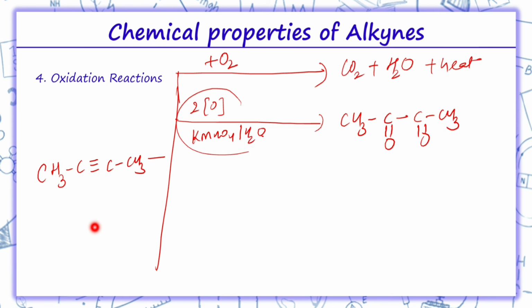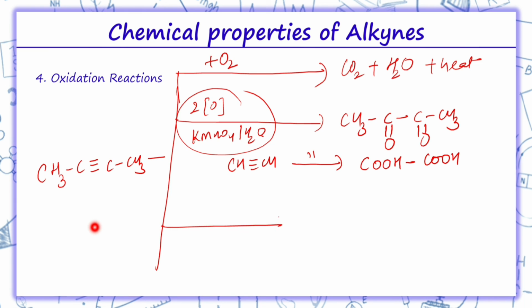This is the case when alkaline potassium permanganate is taken. In a similar reaction, if it were a terminal alkyne, the same conditions result in the formation of acids. Thus, here we will get oxalic acid.